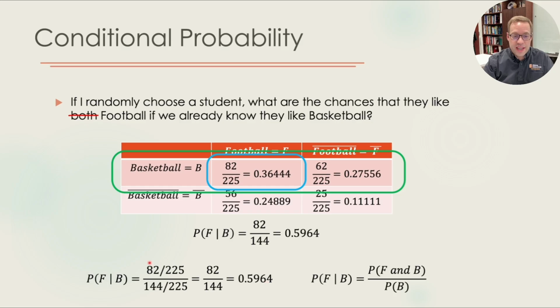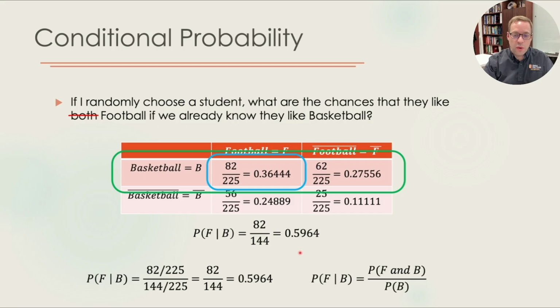Well, this 82 out of 225, that is just the probability of football and basketball. And this number down here, 144 out of 225, that is the number of people who like basketball. That is both of these cells added together. So that's just the probability of liking basketball.